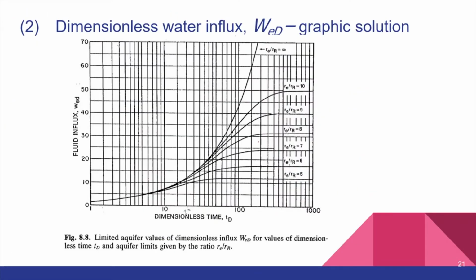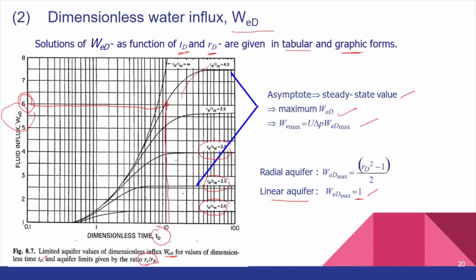For the graphic solution, this is the determination of dimensionless water influx WED. I have shown you in the previous slide. So you just have to plug in, find your TD in the graph here.